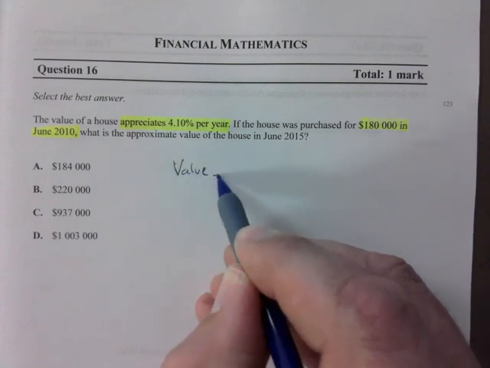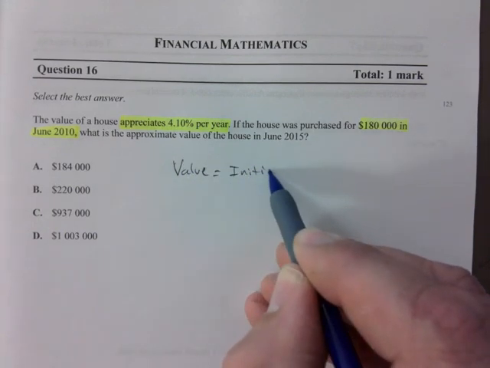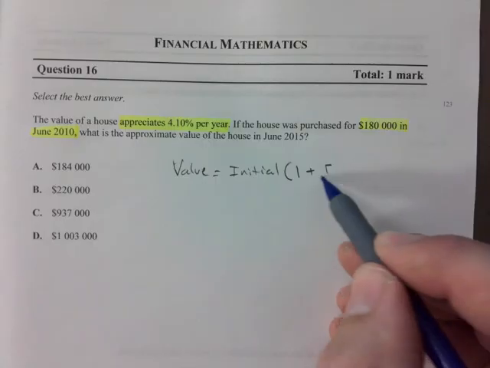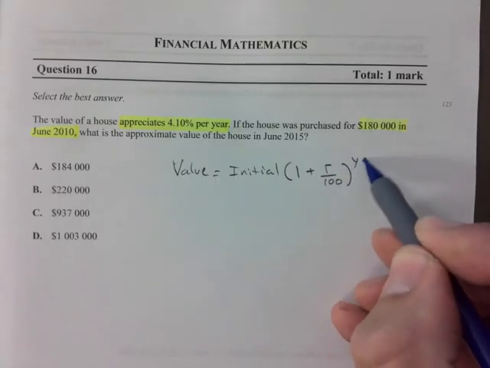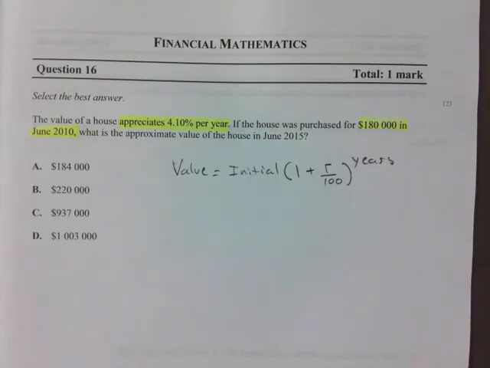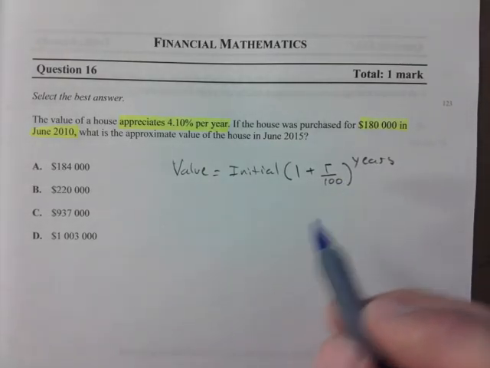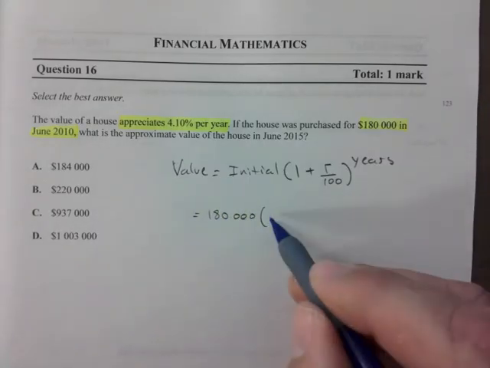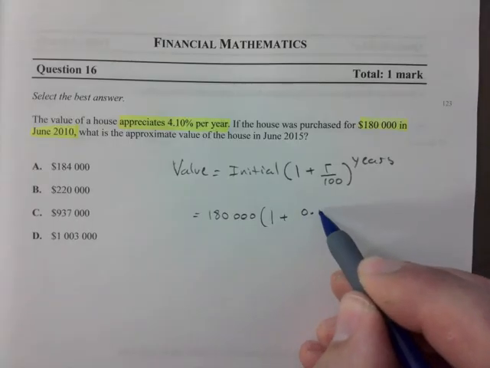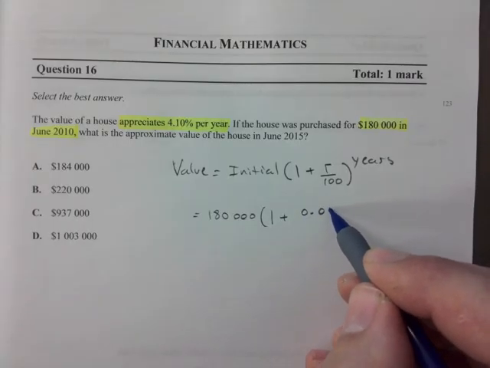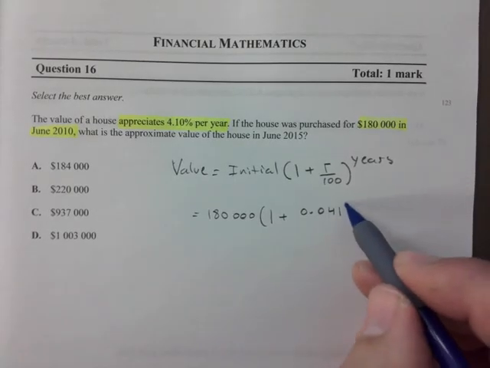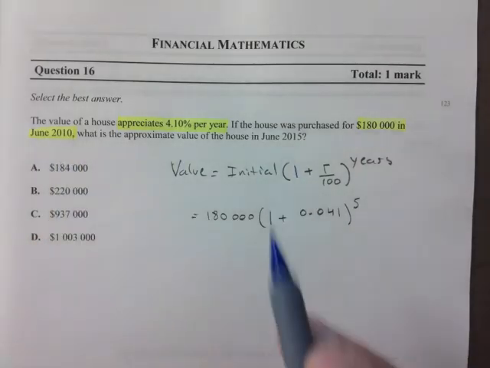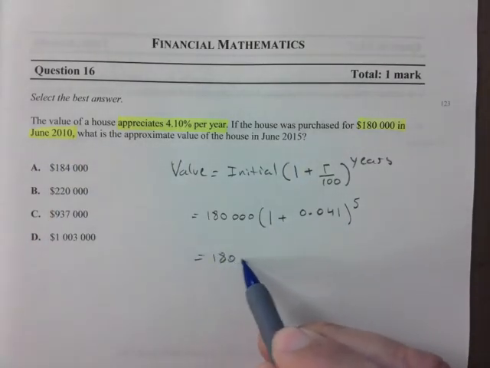Finance. If the value of a house appreciates 4.10 per year, and when you purchase it is 180,000, okay? In June of 2010, what is the approximate value in 2015? This is appreciation, right? So value will be initial times 1 plus rate over 100 to the power of years. In this case, we go plus because it's appreciation. So we're going to go with 180,000 times 1.041 to the power of 5, since 5 years went by from 2010 to 15.